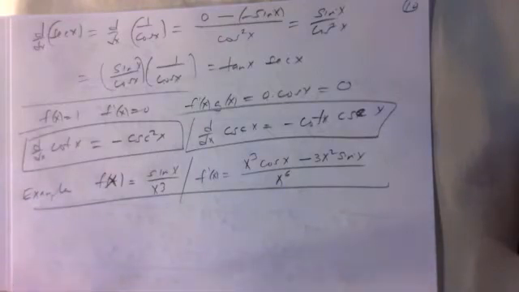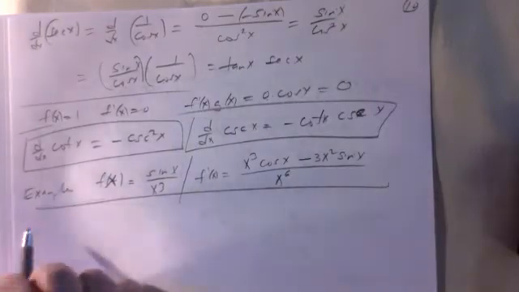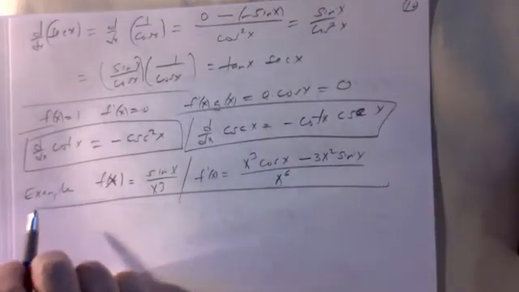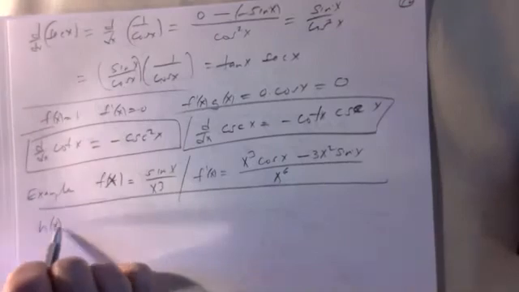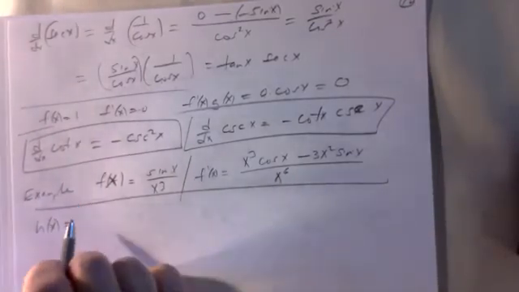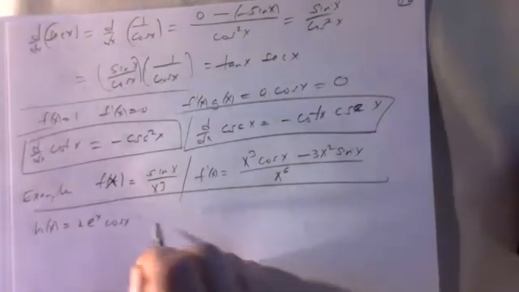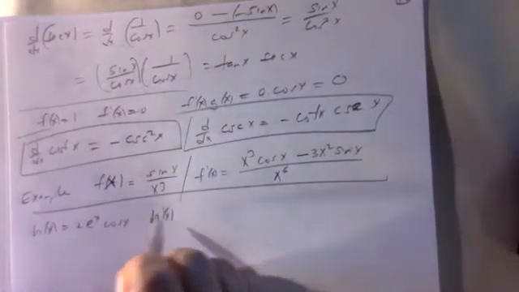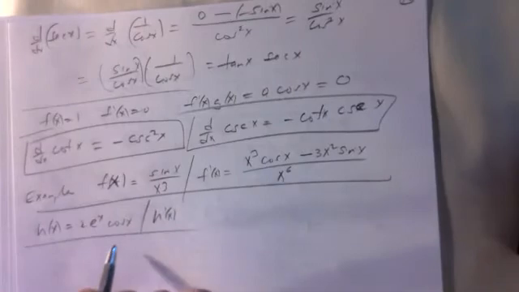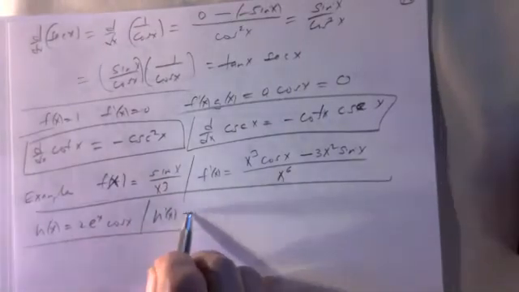That's what it is. If h of x is 2e to the x cosine x, and we want h prime of x, we use the product rule.